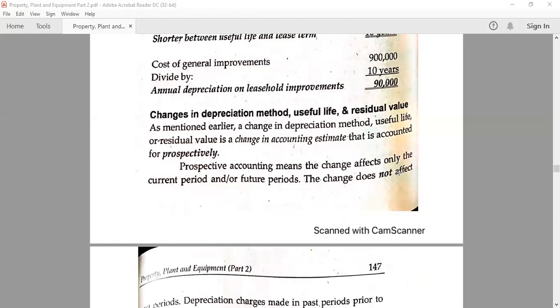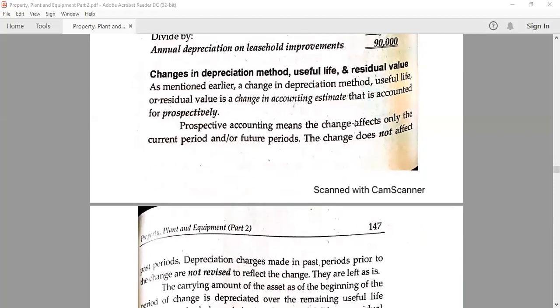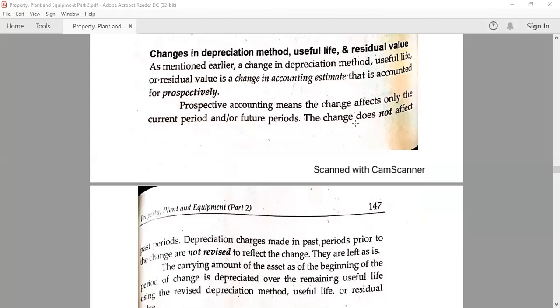Now, what about if there would be a change in depreciation method, useful life, and residual value components? As explained, we have to account for such change as change in accounting estimate, because basically depreciation expense as computed is based on the estimates of useful life and residual value if there is. Then we account such change prospectively, meaning to say in the current and future accounting periods.